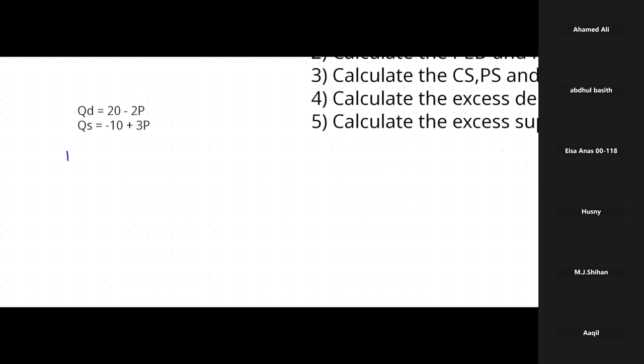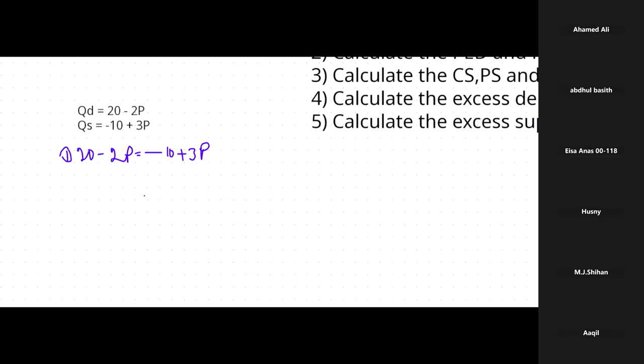First one, equilibrium price and quantity. 20 minus 2P is equal to minus 10 plus 3P.